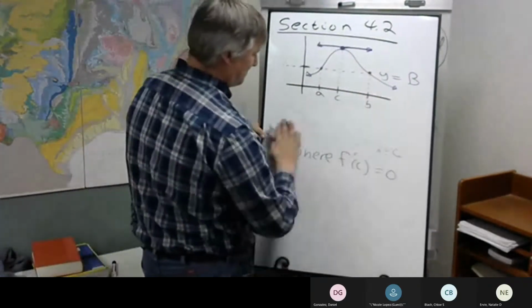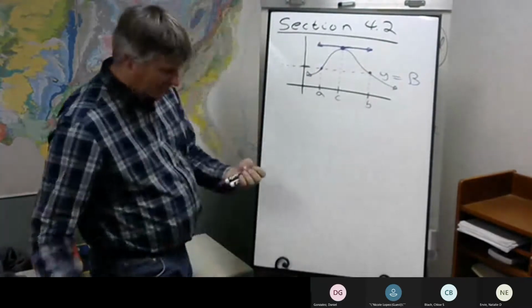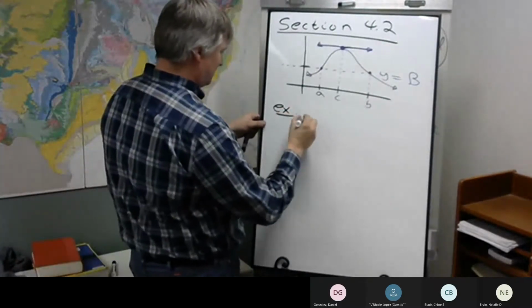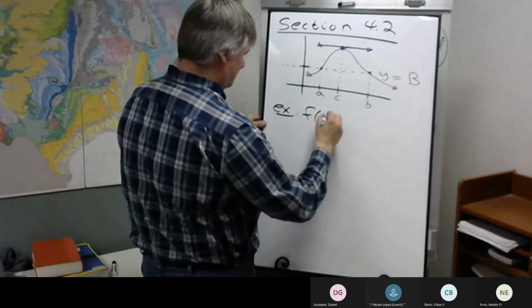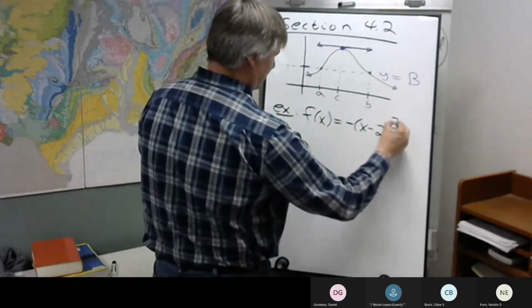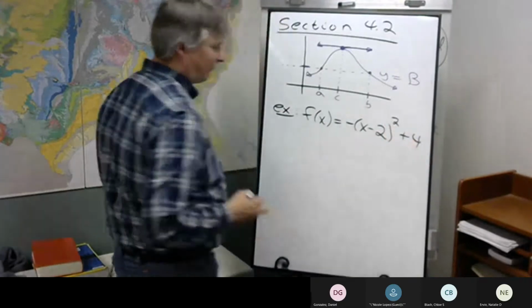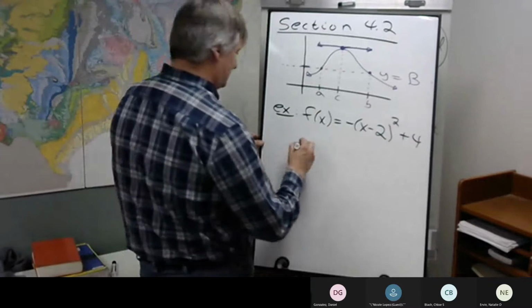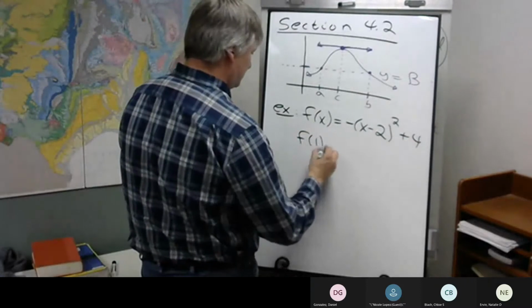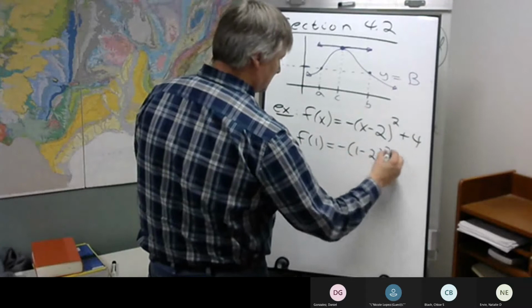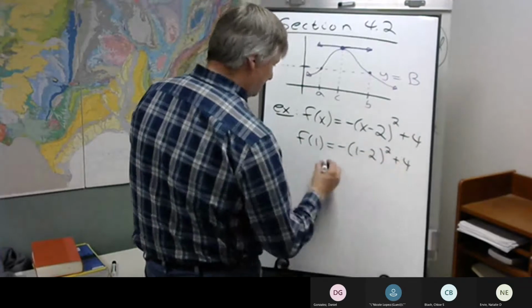So let's say we have this. We'll bring back this function. So let's take a look at this. f of 1 equals minus 1 minus 2 squared plus 4.